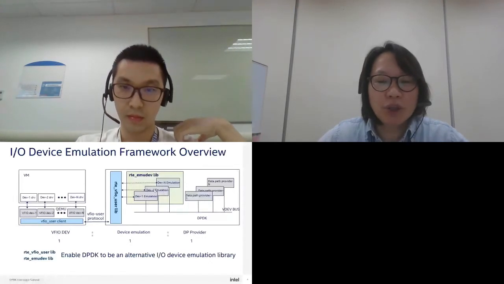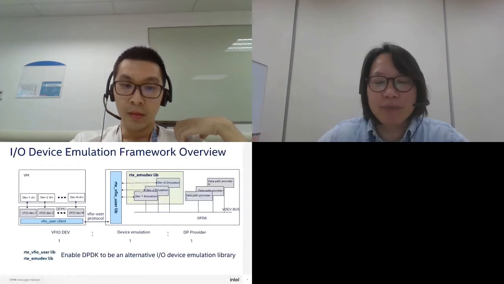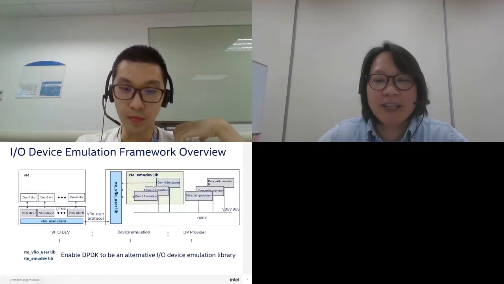So we introduce the VFIO-user library into DPDK. This VFIO-user library provides the VFIO-user server implementation. Meanwhile, we introduce the emulation dev library. This library introduces a new device type called emulation dev. This type is for device emulation to be abstracted as.